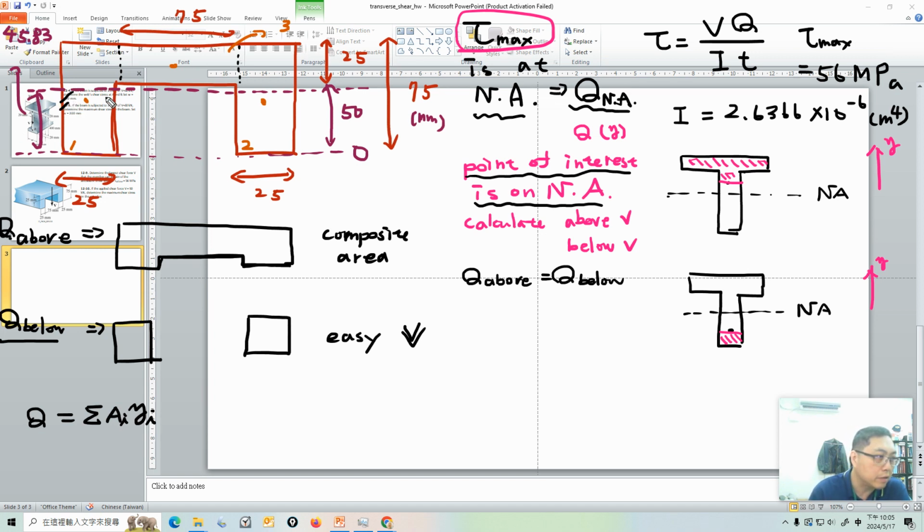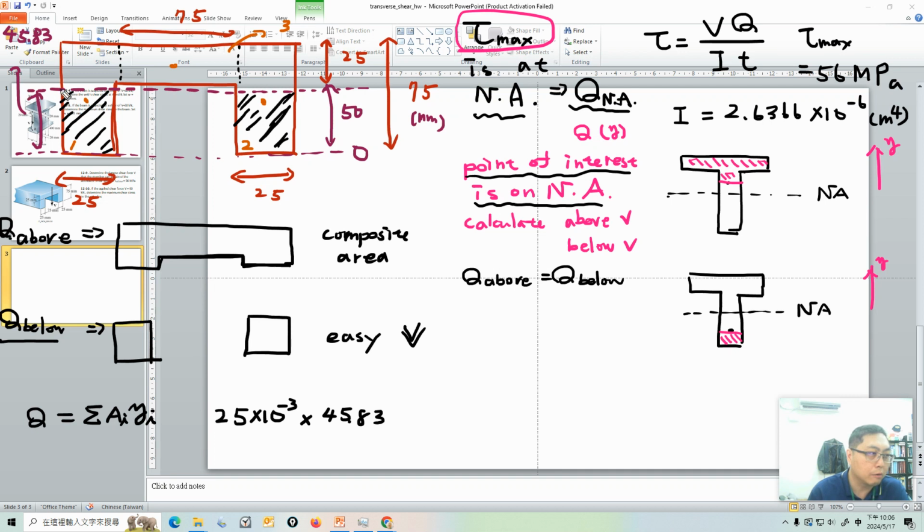So what's the area? It's 25 times 45.83. That's your area, because we calculate everything below the neutral axis.